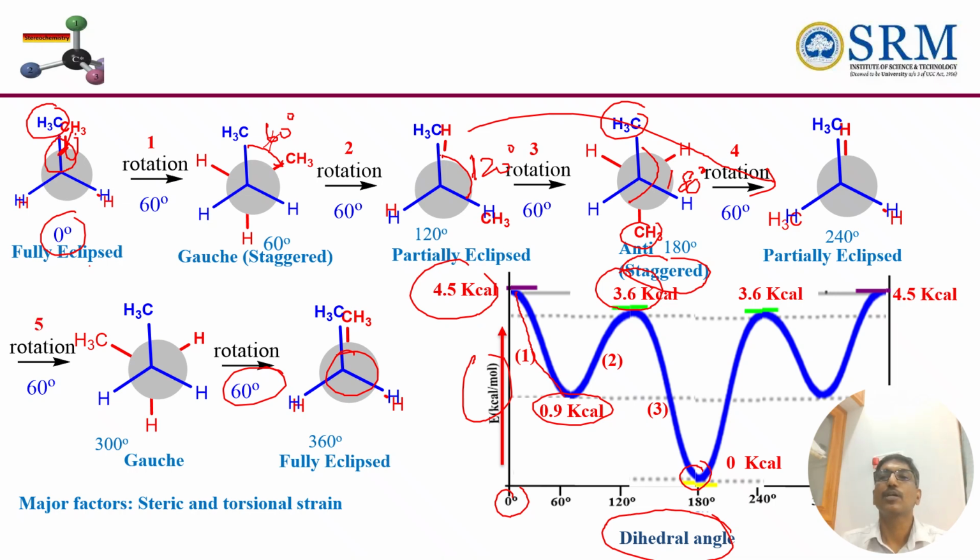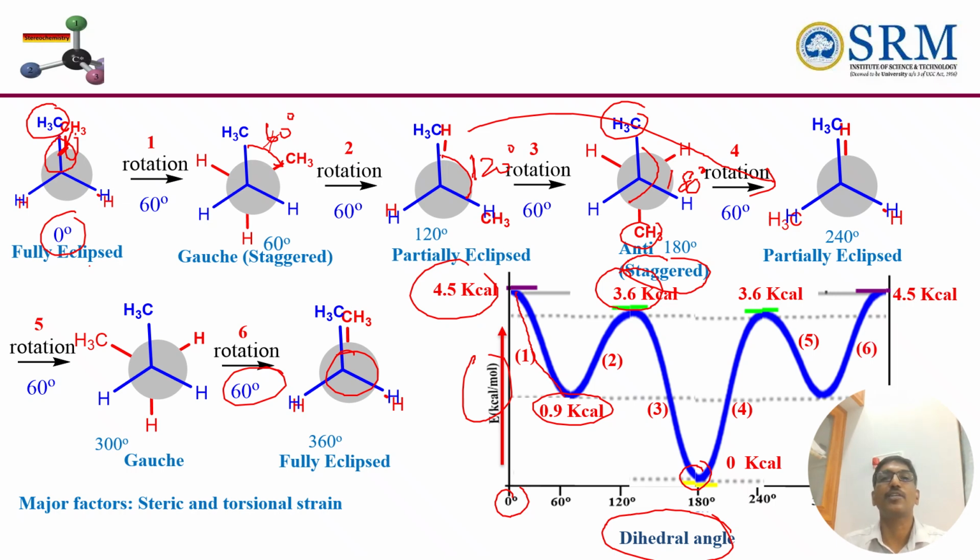So if you carefully look at the energy, you can see how these conformers differ in stability based on steric as well as torsional strain. The key takeaway remains the same: stability and strain are inversely related throughout the rotation. Every eclipsed arrangement spikes the energy.